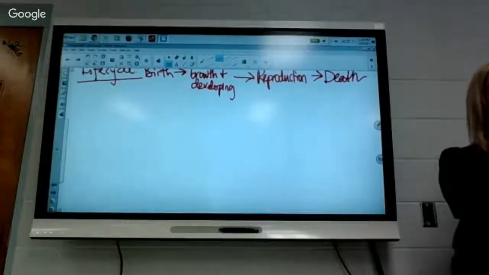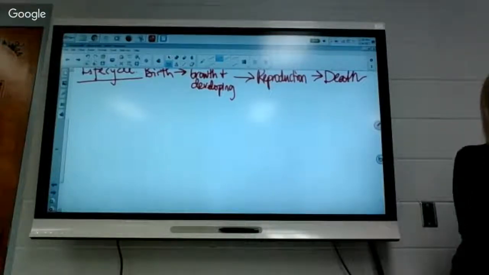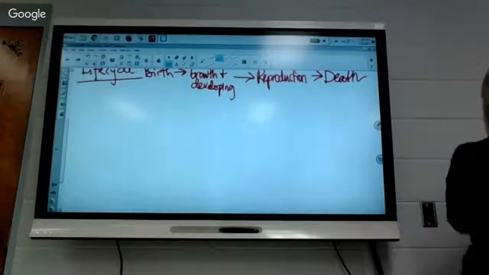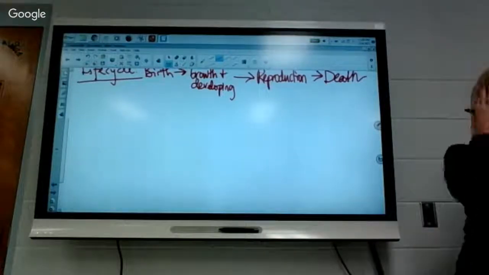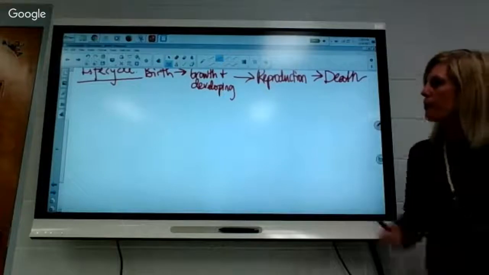So it causes you maybe to get mouth sores, lose your hair, so any cells that reproduce really fast. The chemo is just going to attack any of those cells. So that's what we're looking at.